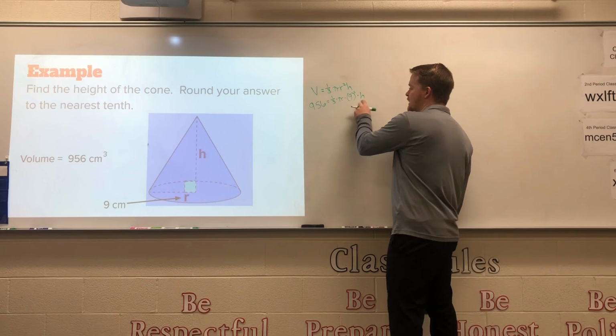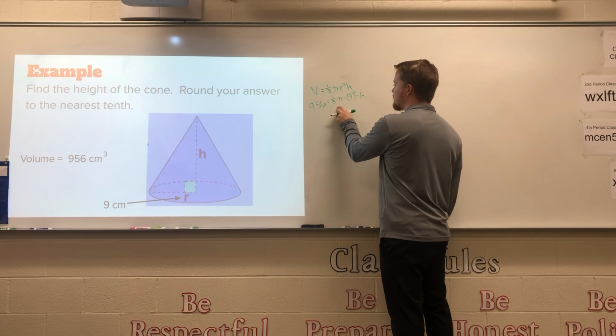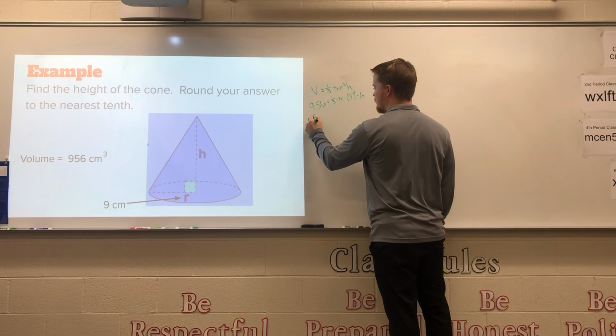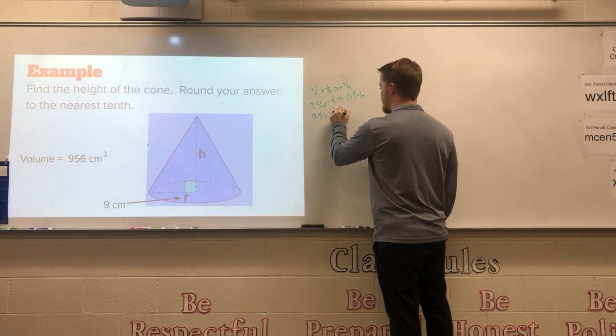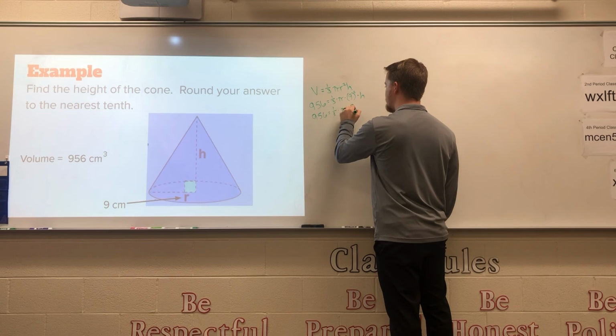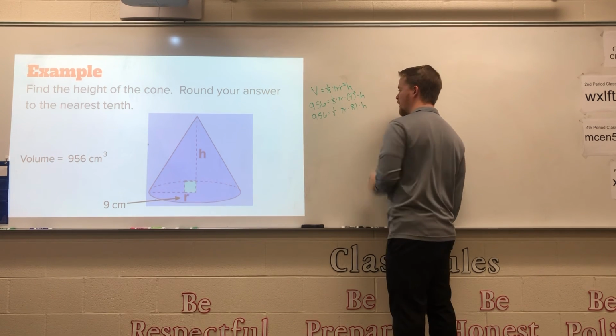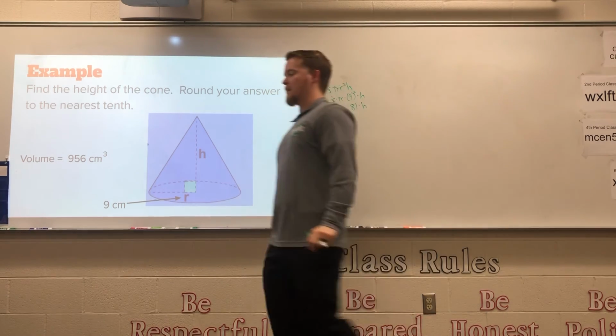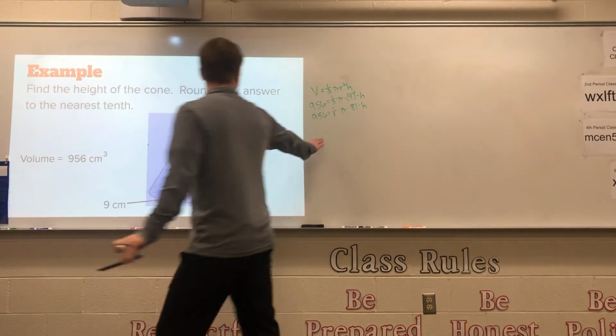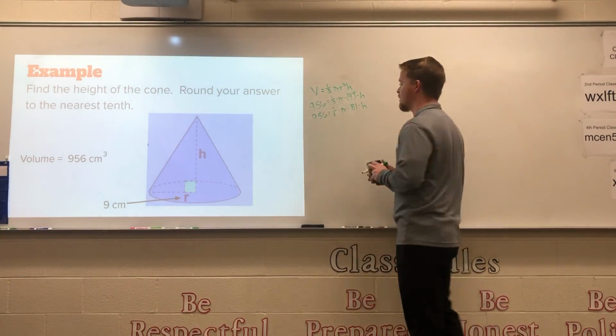Okay, so for finding h, we need to simplify everything on its side first. So I'm going to start with the 9 squared. So bring down 956 equals 1/3 times pi times 9 squared is 81, and then that's multiplied by h. Alright, in my calculator, I'm going to simplify everything on this side that's with h first.